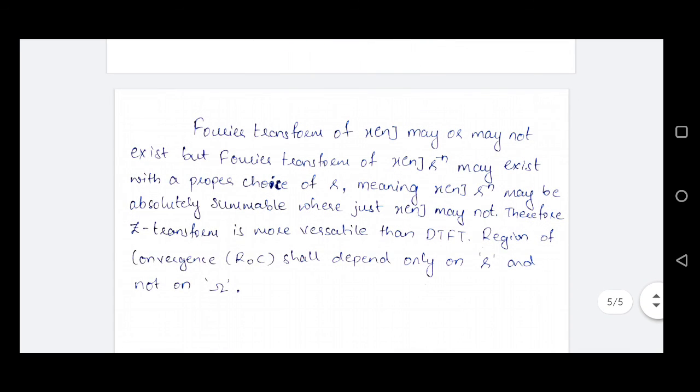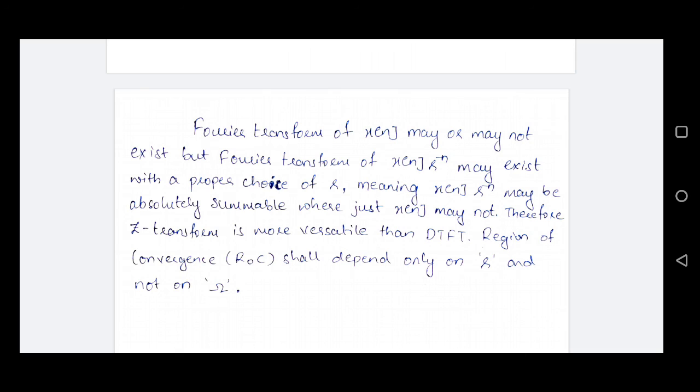The Fourier transform of the discrete time signal x of n may or may not exist, but the Fourier transform of the signal x of n r to the power minus n may exist with the proper choice of r, meaning x of n r to the power minus n may be absolutely summable, whereas the discrete time signal x of n may not. Because of this, the Z transform is more versatile compared to the discrete time Fourier transform.